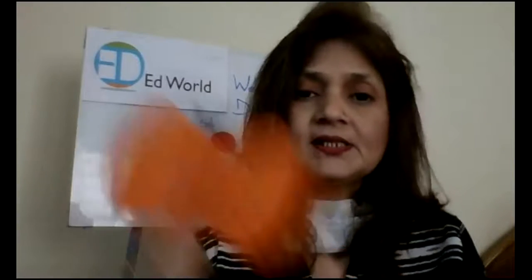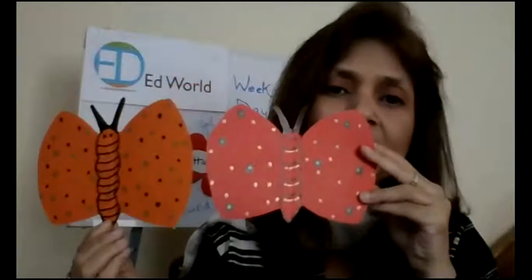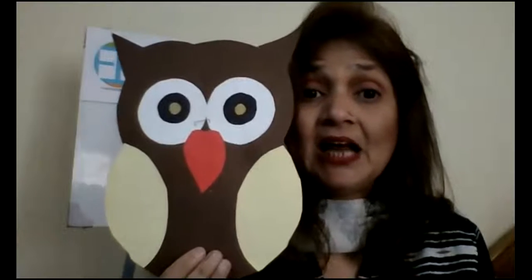And which animal is this? It's a butterfly, right? These are two butterflies of mine. So where does a butterfly live? It can live in a garden, in a park, on trees, right? Basically, it can live anywhere. And which animal is this? It's an owl.